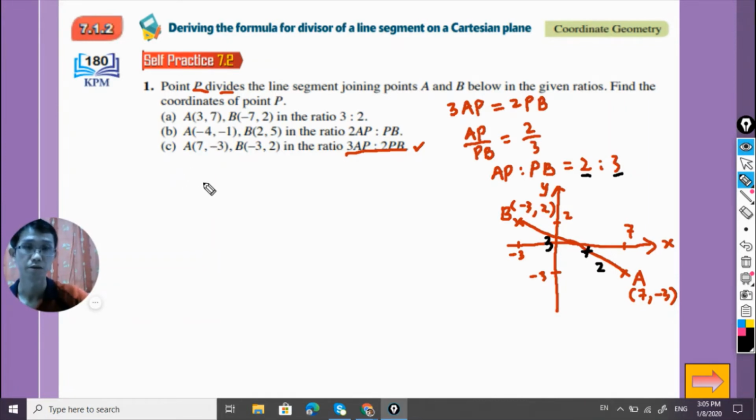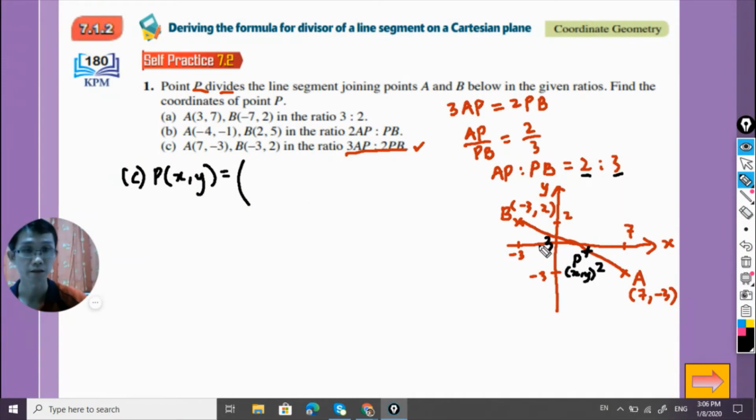Okay, so now we try and link the point P with the two endpoints A and B in the ratio. So point P will be equal to the ratio of n.